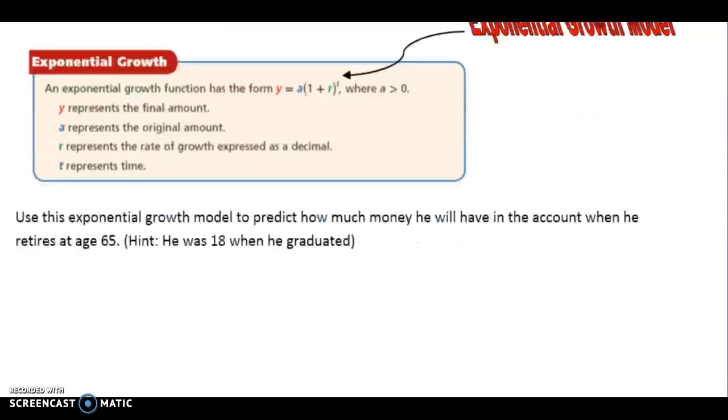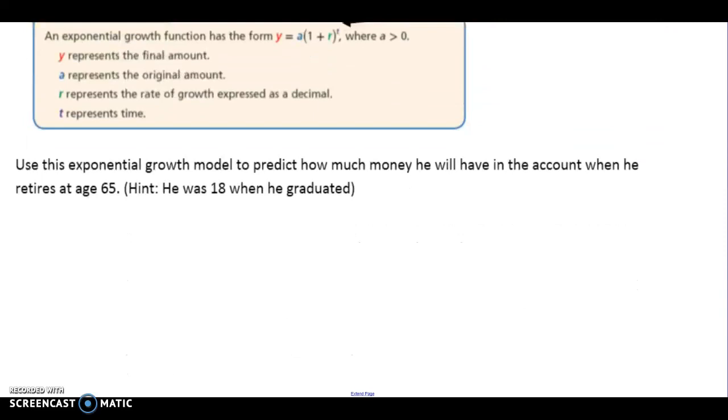Down at the bottom, we have: use the exponential growth model to predict how much money I'll have in the account when I retire at age 65. So let's fill out our formula. Y equals, and then Faith, what was our principal? The A value, the starting amount. 2500.